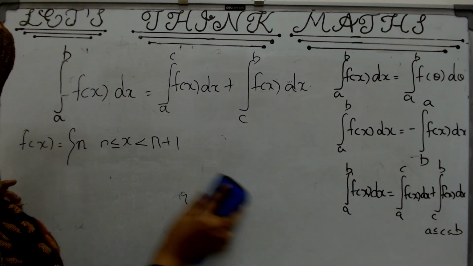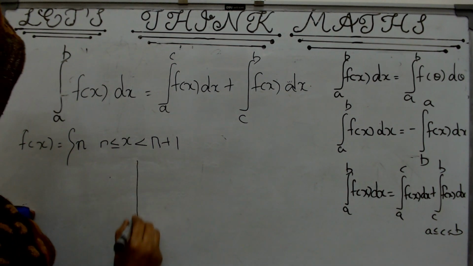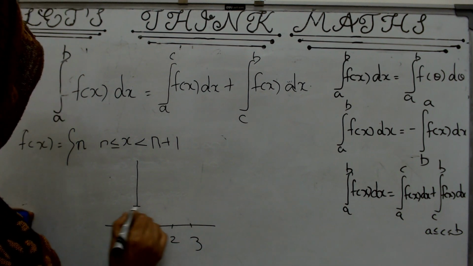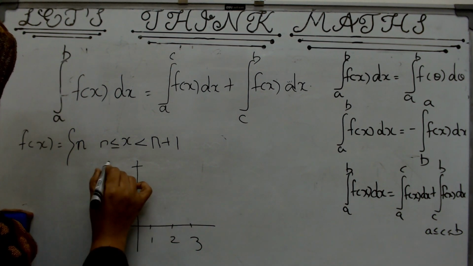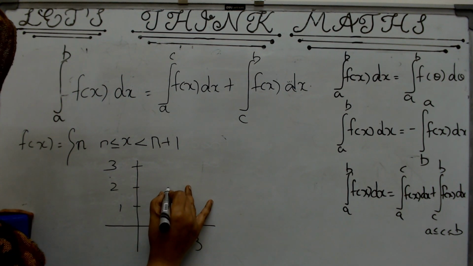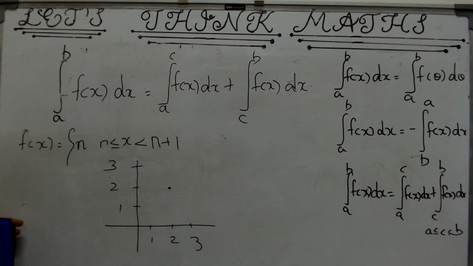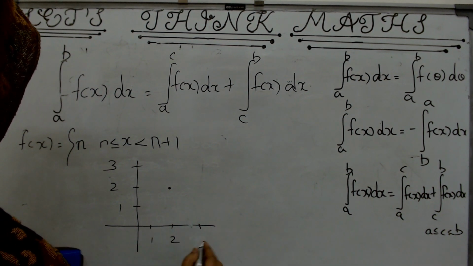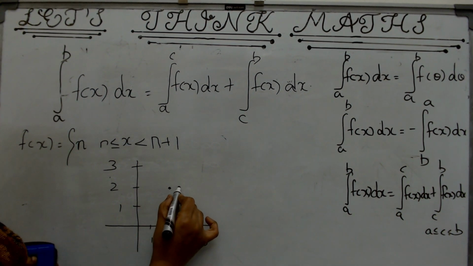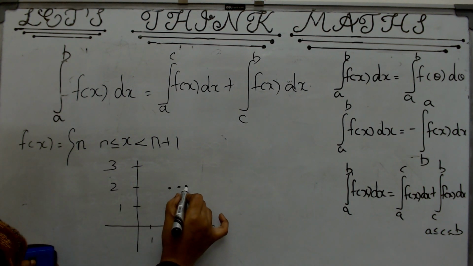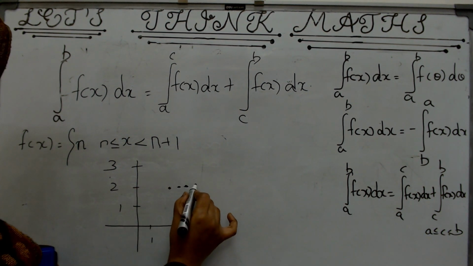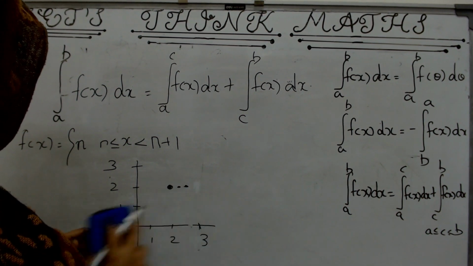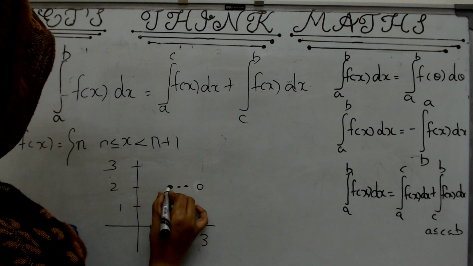So how does your function look? Randomly, I'll take 1 here, 2 here, and we will see. See, 2 gets mapped to 2, but then 2.5 also gets mapped to 2, 2.6 also gets mapped to 2, until you come to 3. 3 is not included.